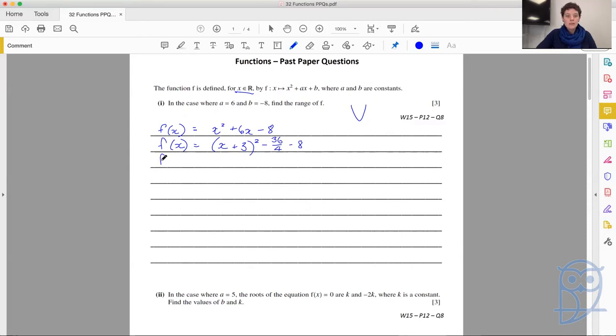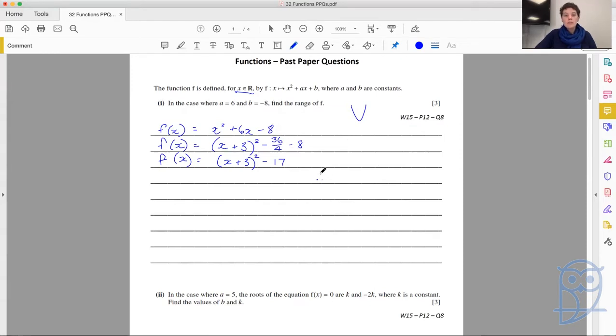And then we can simplify. f(x) equals (x plus 3) all squared minus 36 over 4 minus 8 takes us then to -17.